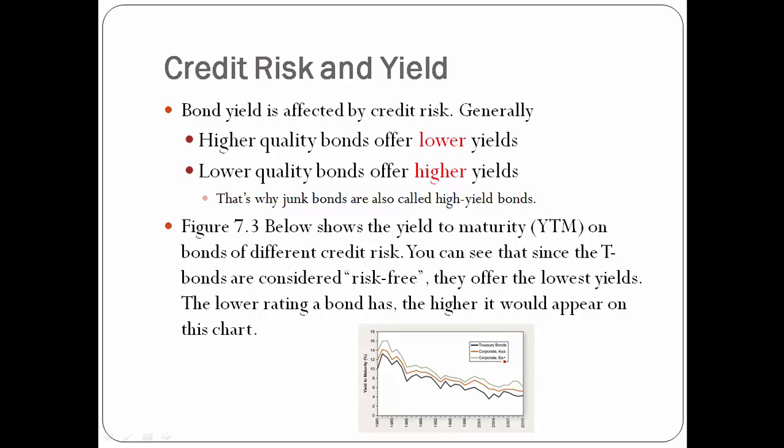The BAA rating is lower than the AAA rating, and therefore the yield actually has to be higher. Now remember, treasury bonds usually are considered risk-free, or very low risk, and so treasury bond yields usually are much lower than corporate bonds. So that's about the relationship between credit risk and yield.